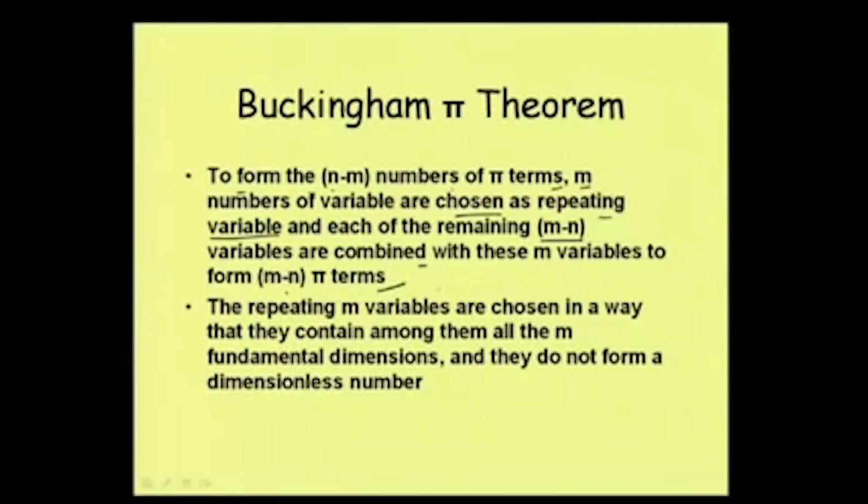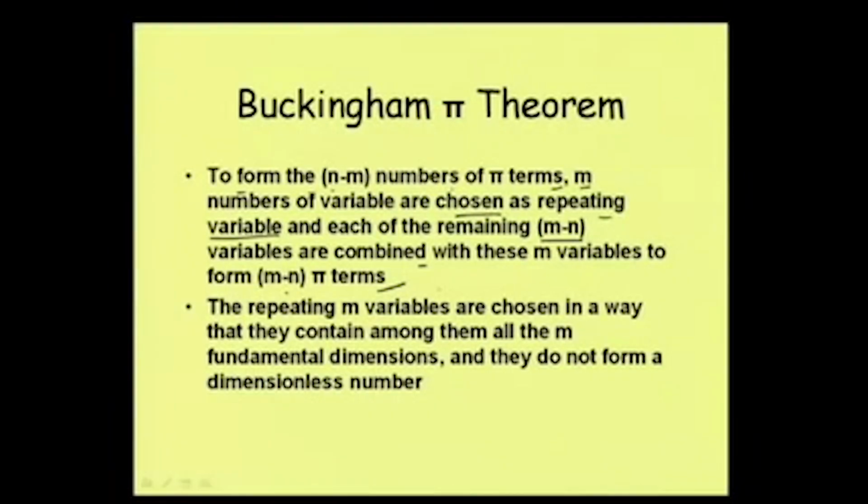We should select these 3 variables in a way that they involve all of M, L, T. Not necessarily that each one will have M, L, T. It is not like that. But if we see all 3 together, they will have to have all the fundamental quantities, that is M, L, T.